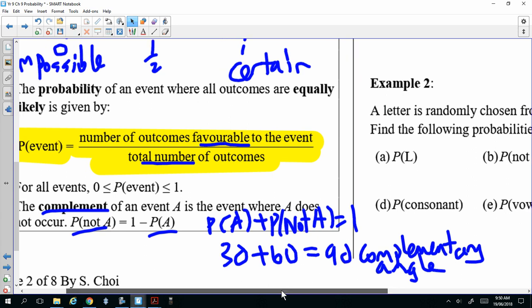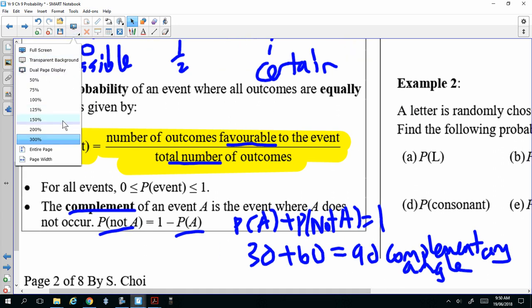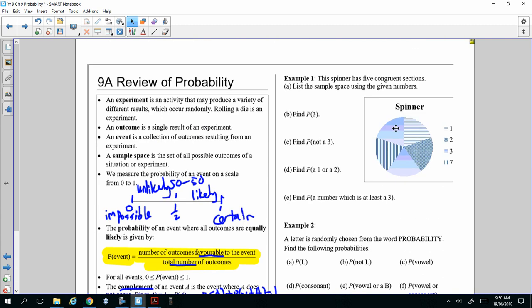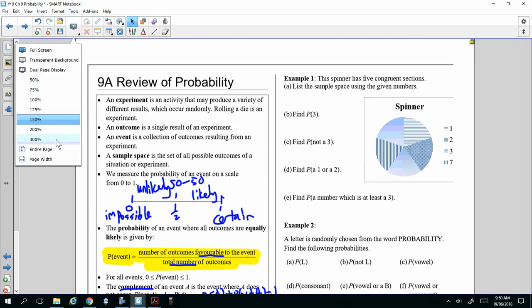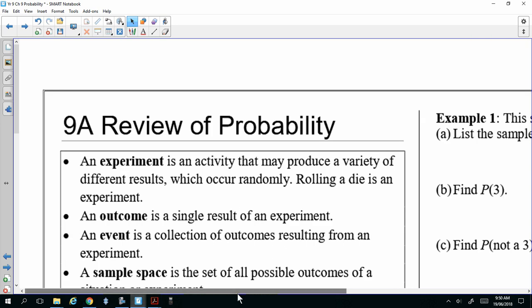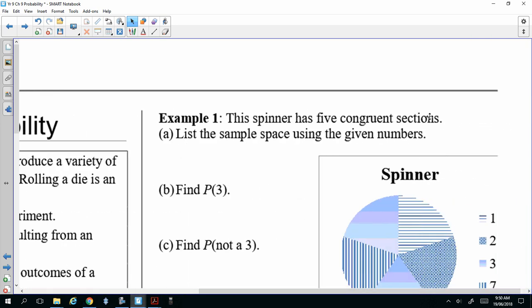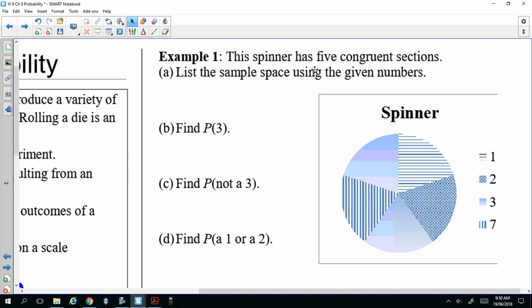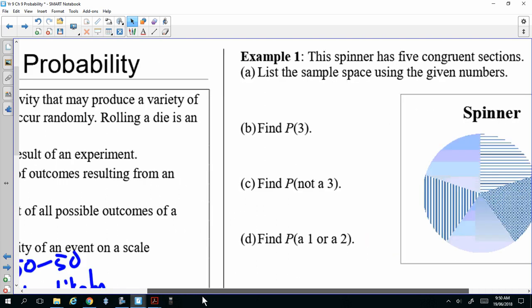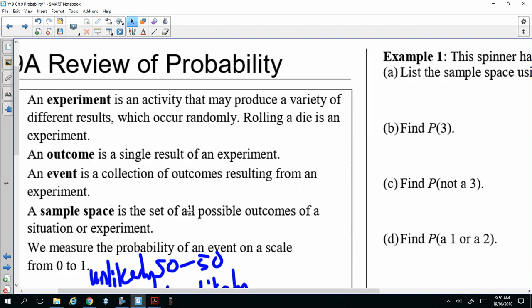Okay, so we're going to do some examples. Let's look at a spinner. This spinner has 5 congruent sections. List the sample space. What's a sample space? All the possible outcomes of an experiment.